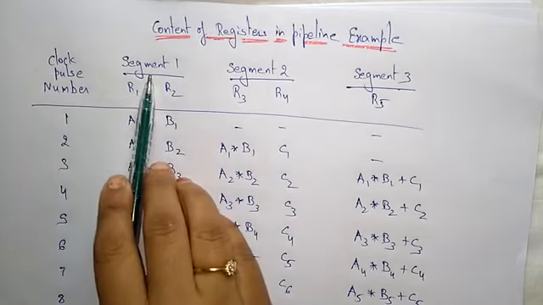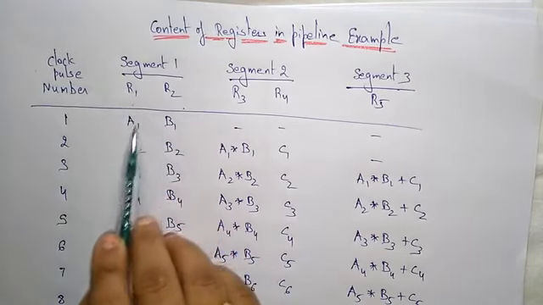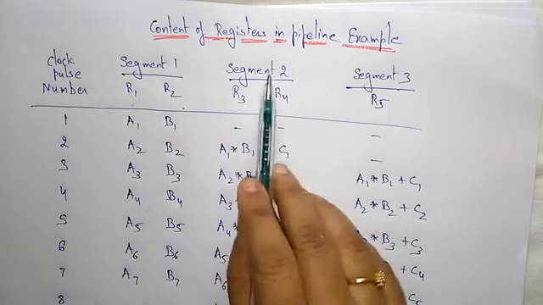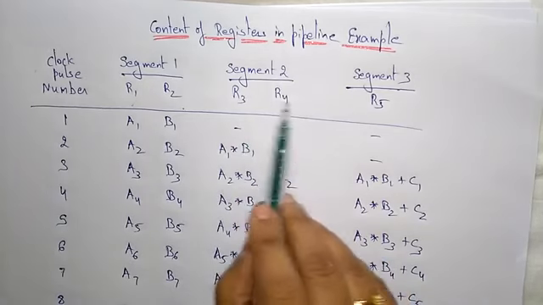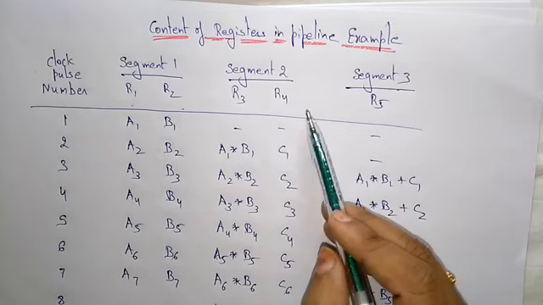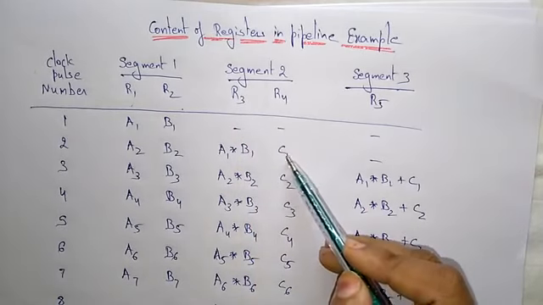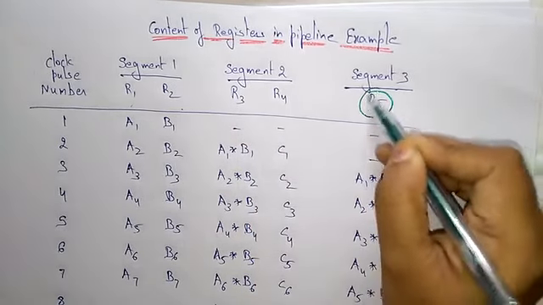This is segment 1. Segment 1 has the registers R1 and R2, holding the values A and B. Segment 2 is R3 and R4. R3 is doing the multiplication operation, and R4 is storing the value of Ci, and the final result will be stored in R5.